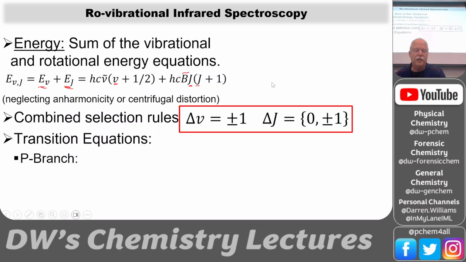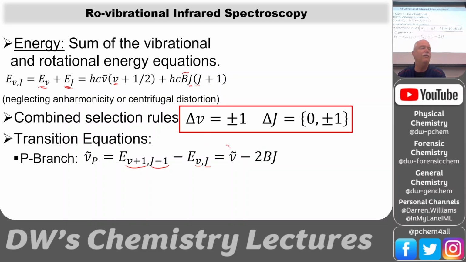So these are the combined selection rules. And let's look at the transition equations. So for the P branch, we take the v plus 1, J minus 1, and we subtract the E of v and J. So this is the result. I did not do the algebra for you, but you can verify for yourself after class that this is the result of that difference.